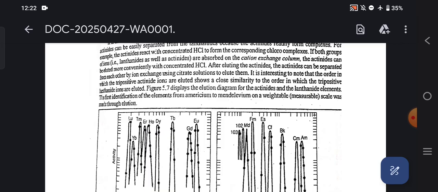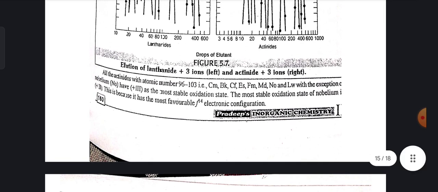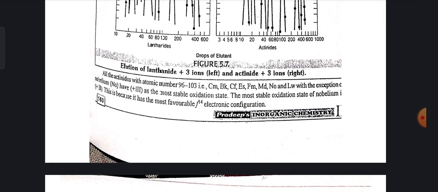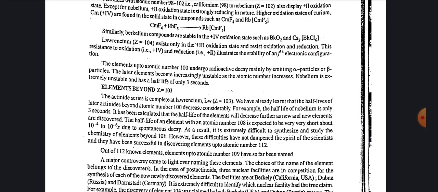The first identification of elements from americium to mendelevium on a tracer scale was made through ion exchange. All actinides from atomic number 95 to 103 display the +3 oxidation state. This is because it is the most favorable f14 electronic configuration.